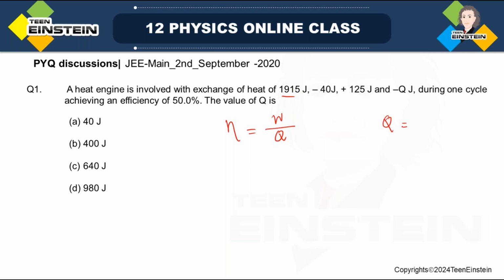So Q will be 1915 joule. I'm sorry, this is heat input, I should say heat input or heat supplied, and here it is work output.